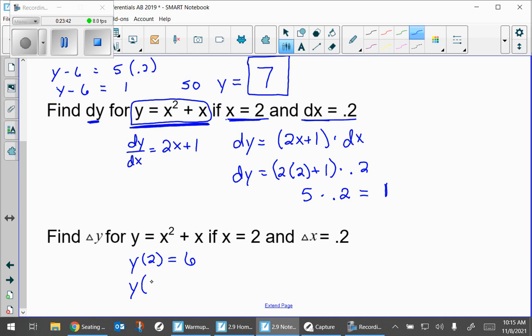When x is what? Are you sure it's 2.2 and not 1.8? I mean, x changed by this much, but it didn't say it got bigger or smaller. But it's positive, so that means it did get bigger. x changed from 2 to 2.2 because the delta x was positive. Now that's calculator time, and what do you get?